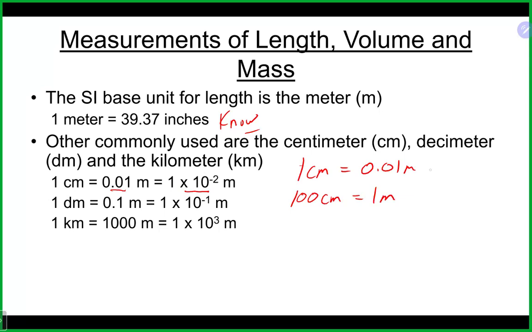That is the same conversion. I would definitely know that because converting from meters to centimeters does occur a lot. 1 decimeter is 0.1 meters. 1 kilometer is 1,000 meters. That also is a very common conversion to know, and it does come up a lot.